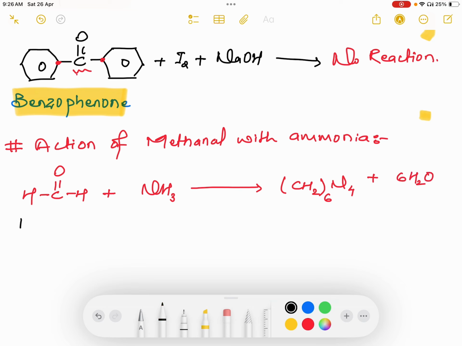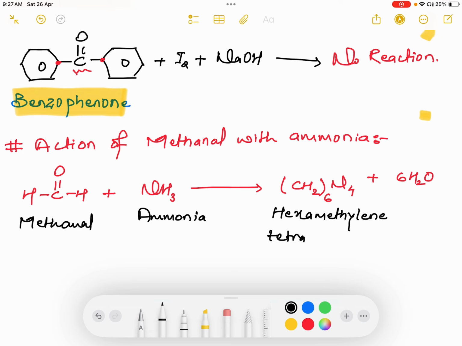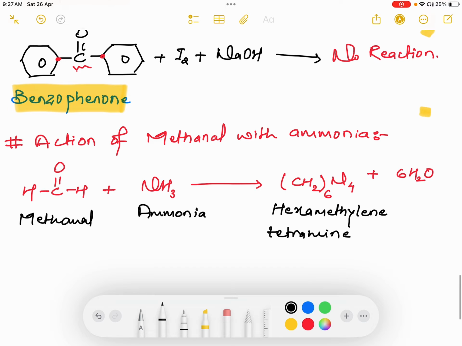So it's simple: when methanol is treated with ammonia, it forms hexamethylene tetraamine, along with the liberation of water.